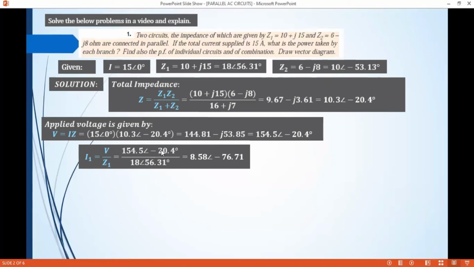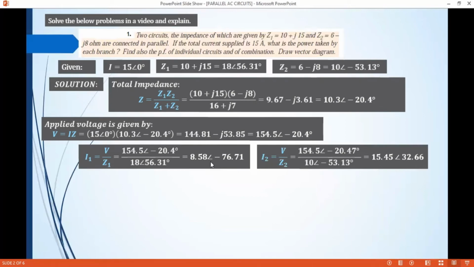Input it in the calculator and we'll be having an answer of 8.58 angle negative 76.71 degrees. So that is for the current 1. Next is for the current 2. For the current 2, we have V over Z2, the same formula but different values.